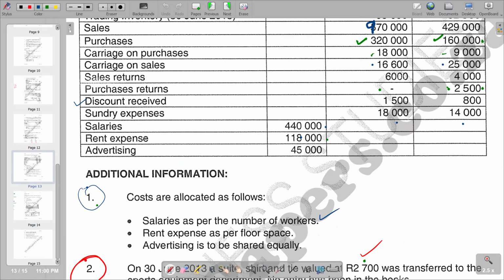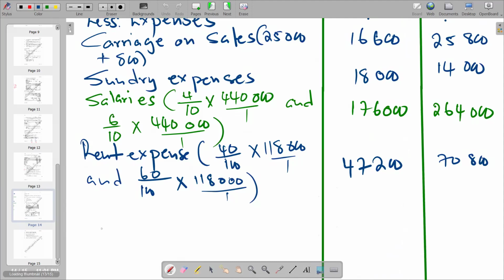After rent expense, we've got advertising 45,000, and we are told again advertising to be shared equally. So equally is just 45,000 divided by 2, since we have got 2 departments. If we had 3 departments, we're going to divide by 3. So in this case, we see what we get. We get 22,500. So we check in terms of that, whereby we are saying advertising.